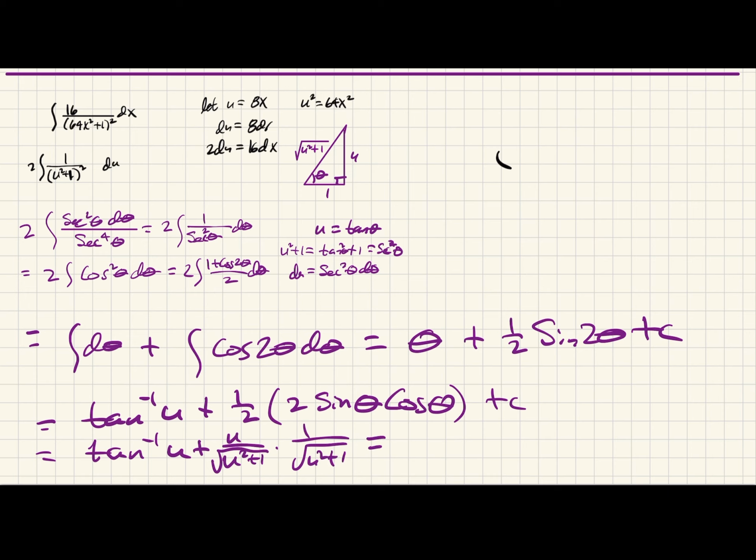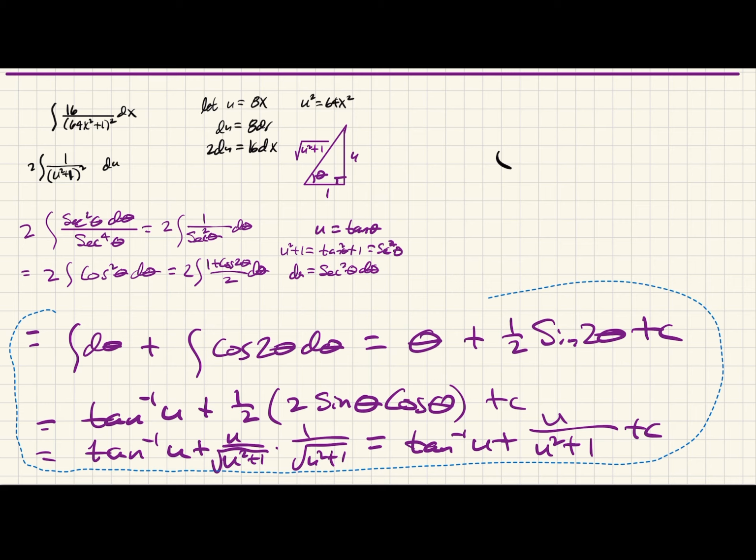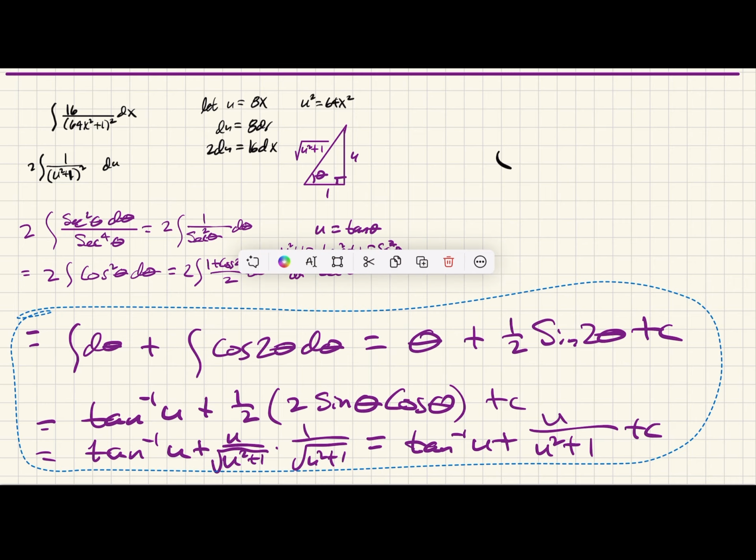Okay, so this becomes inverse tangent u plus u over u squared plus 1 plus c. Okay, now I have to remember that I made a u substitution from the start, right?